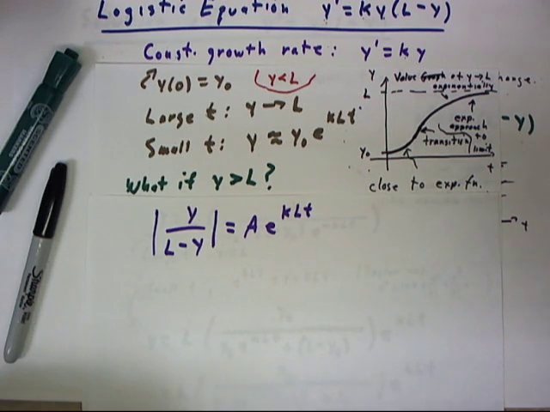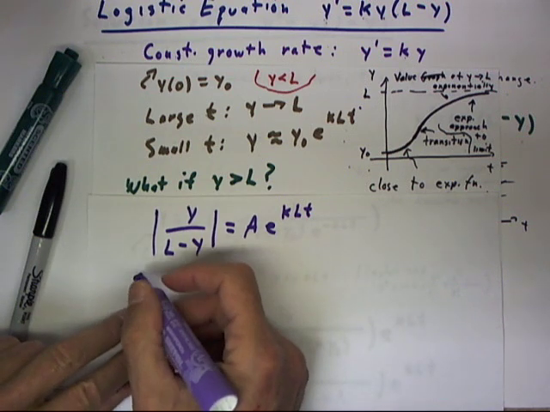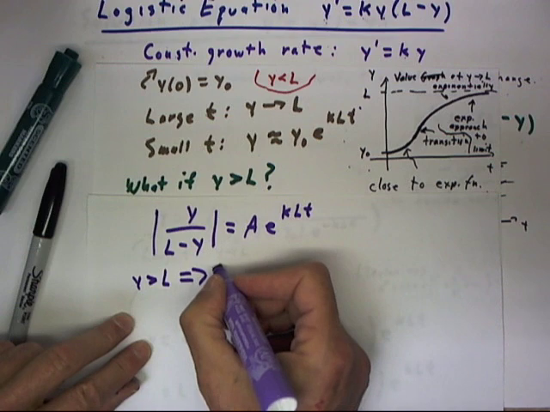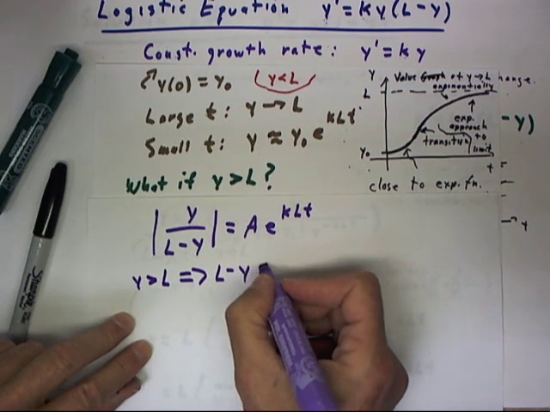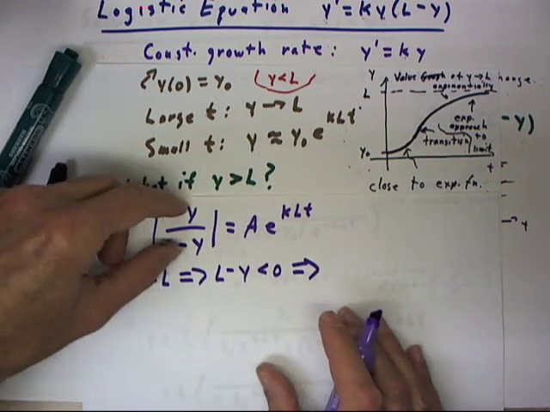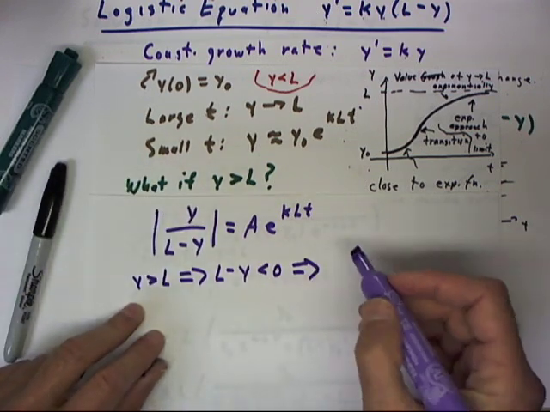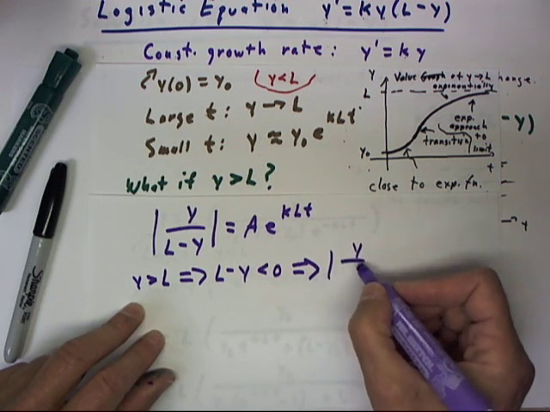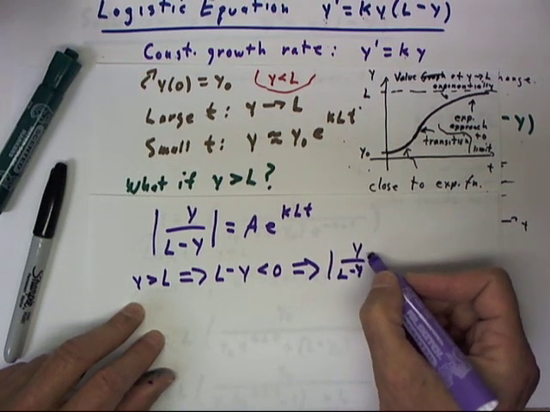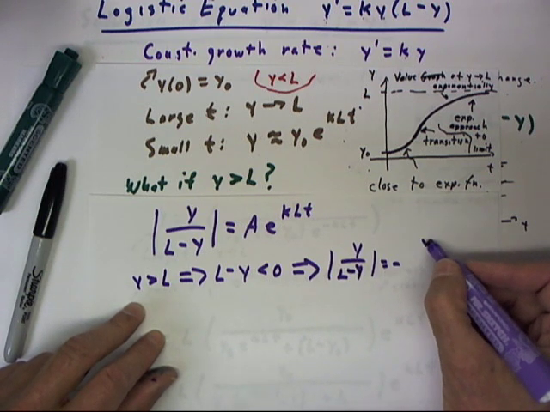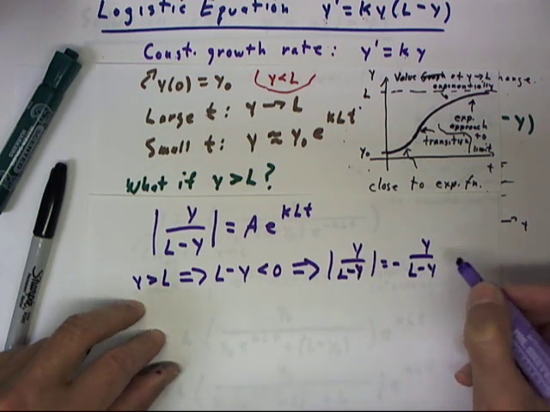Now, if y is greater than L, that implies that L minus y is negative, which implies that this entire expression is negative, so that the absolute value of y over L minus y is equal to negative y over L minus y.